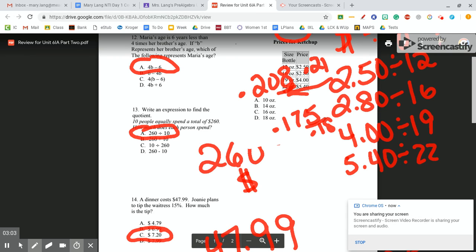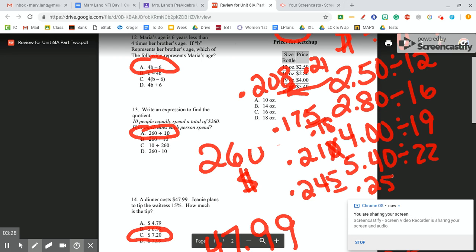$4 divided by 19, and that's 0.21 and 0, so I can just leave it at 0.21. And 540 divided by 22, and that is 0.245. So I round it up to 0.25.